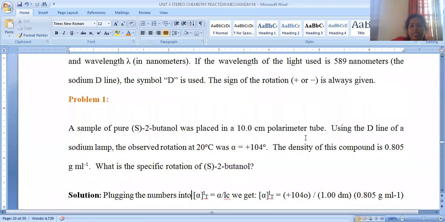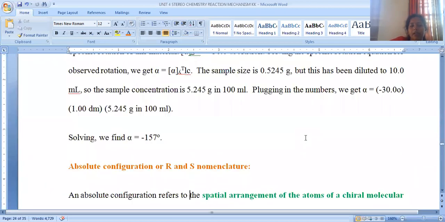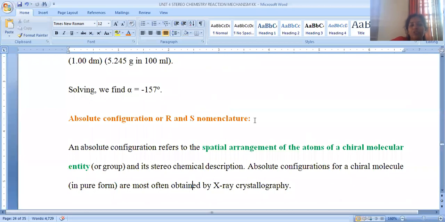Now let us see how optically active compounds can be denoted with RS nomenclature. Geometrical isomers are denoted with EZ nomenclature, whereas optical isomers are denoted with RS nomenclature. This RS nomenclature is most important for optical isomers, either enantiomers or diastereomers.